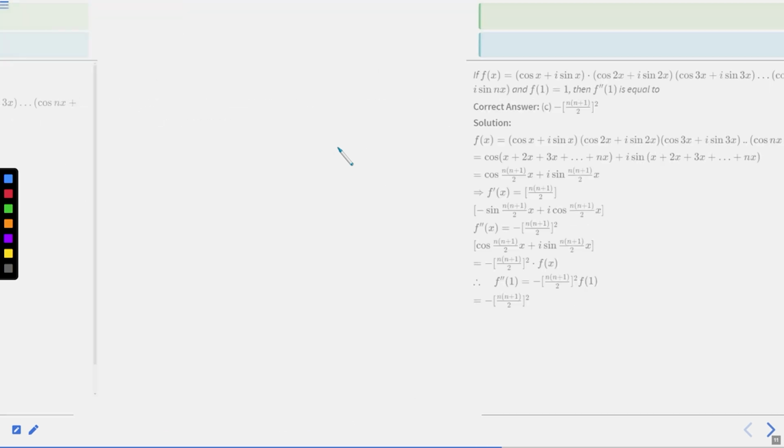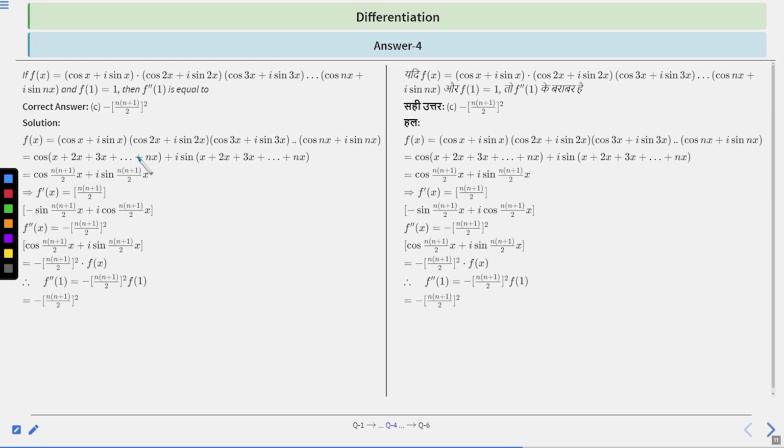Okay. Let's move to the solution, part C. f(x) is equal to (cos x plus iota sin x) into (cos 2x plus iota sin 2x) into (cos 3x plus iota sin 3x) till (cos nx plus iota sin nx), right?